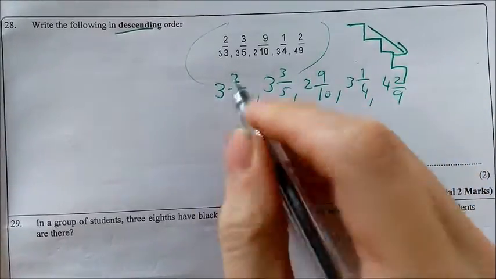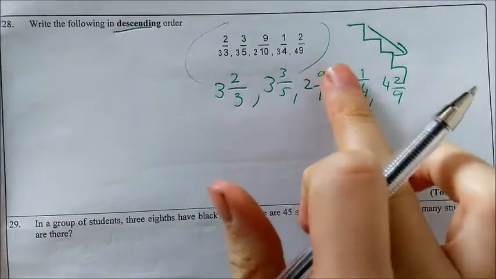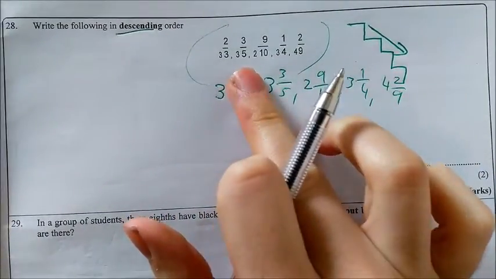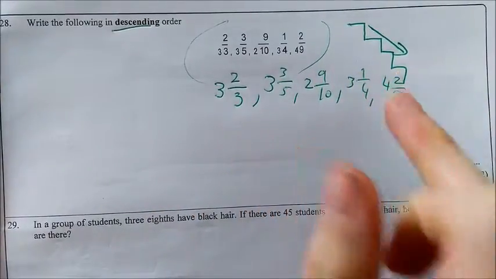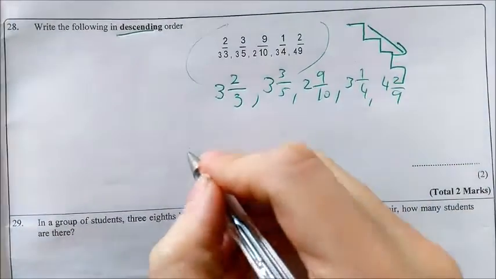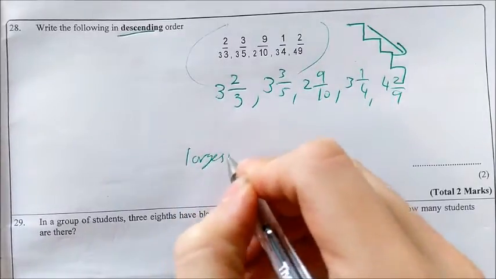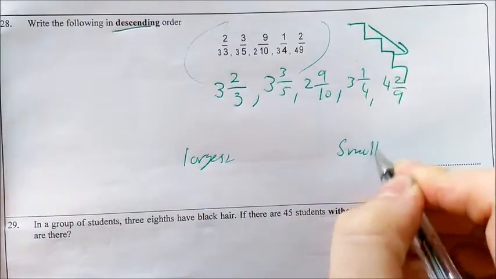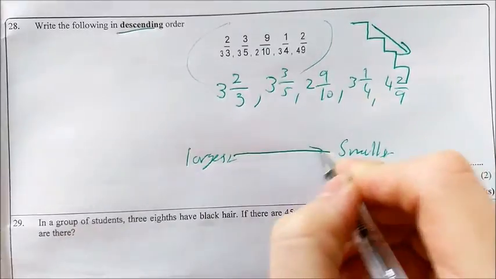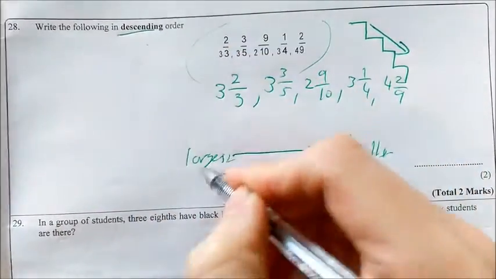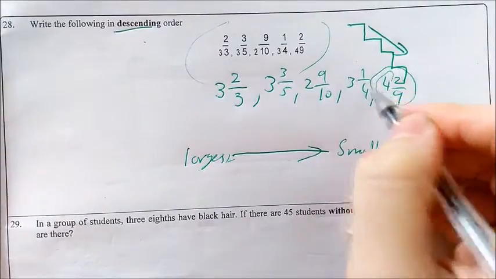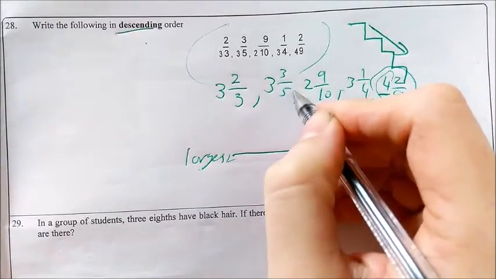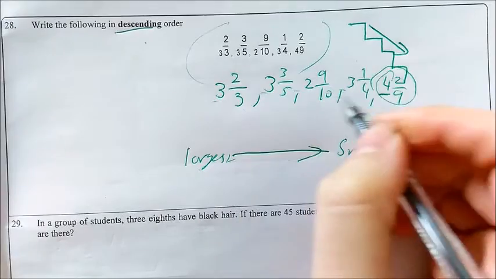Now, the first thing I'm going to do, I'm just going to ignore the fractions because all these are mixed numbers, right? So I've got 3, 3, 2, 3, and 4. So I'm going to write largest, smallest, to help me remember to write them in the right order. I know that it's the largest first because it's descending. I know that 4 and 2/9 is the largest because 4 is larger than 3, larger than 2, larger than 3, larger than 3.